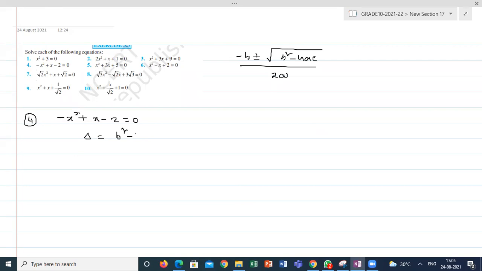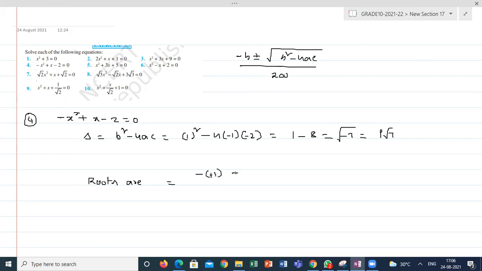B square minus 4ac, where b is 1, so 1 square minus 4 into minus 1 into c, which is minus 2. This will be 1 minus 8, which is minus 7 under the root. So root delta will be i root 7. So the roots are minus b plus or minus i root 7 divided by 2 into minus 1.